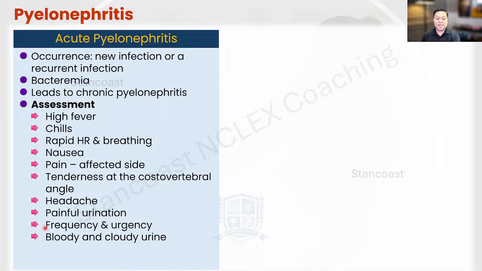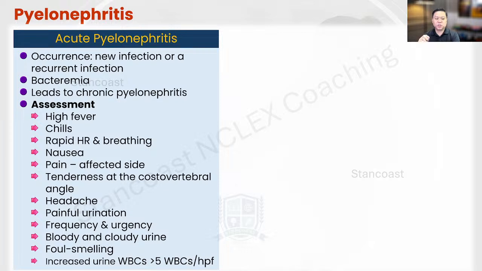All right. Now it can be foul smelling. So you know that funky odor that hits you when you open a garbage that's been sitting there for a while? That is the kind of smell that you will be smelling from this kind of urine. Now, along with that, there will be an increase in the white blood cell count in the urine. All right.